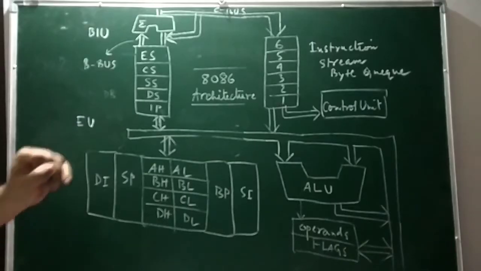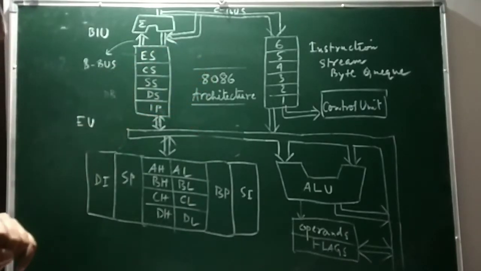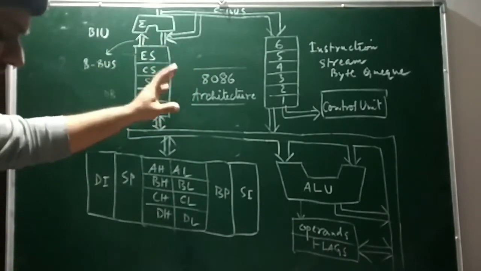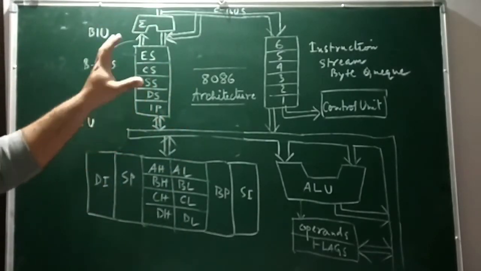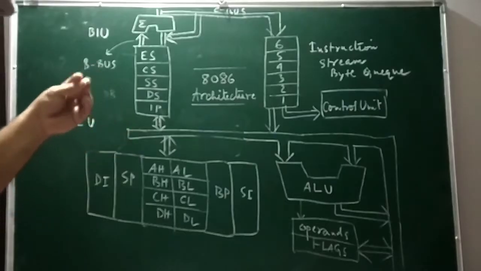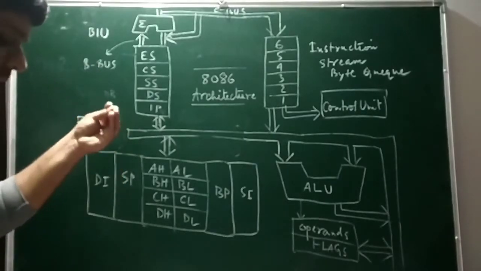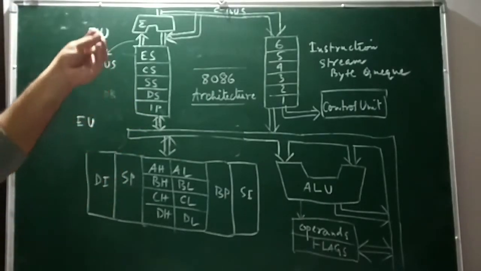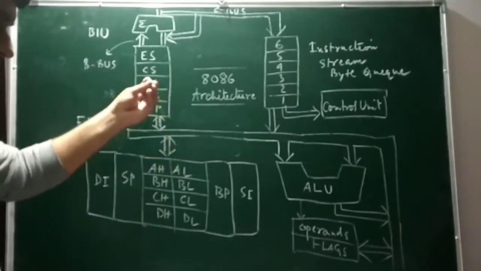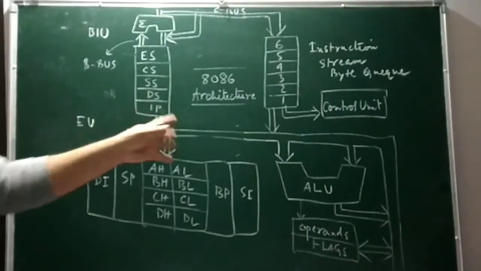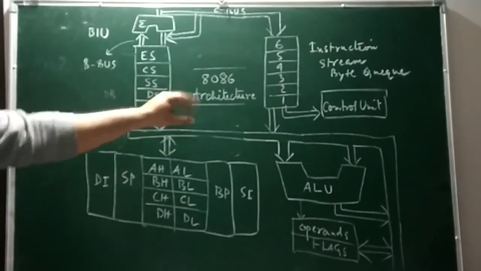Fine. And the special purpose registers. Special purpose registers are basically used in 8086 as different segment registers, different pointers, different index registers, or as offset storage registers for particular addressing modes.